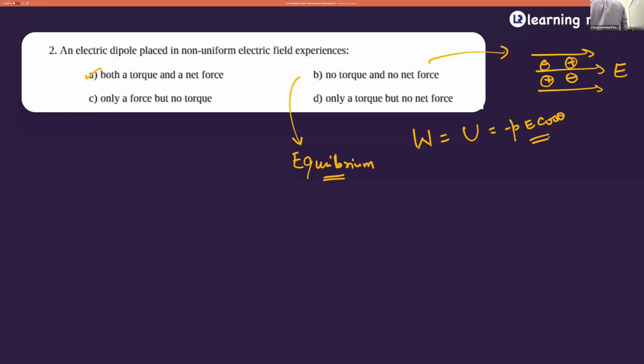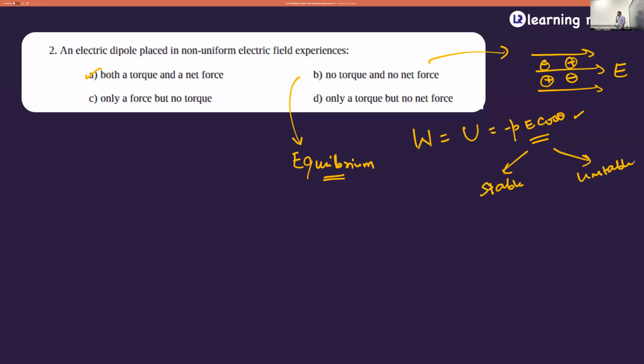The potential energy stored in a dipole placed in a uniform electric field is minus PE cos theta. From this, we will be discussing two types of equilibrium. What are they? One is stable and the second is unstable. Remember this.